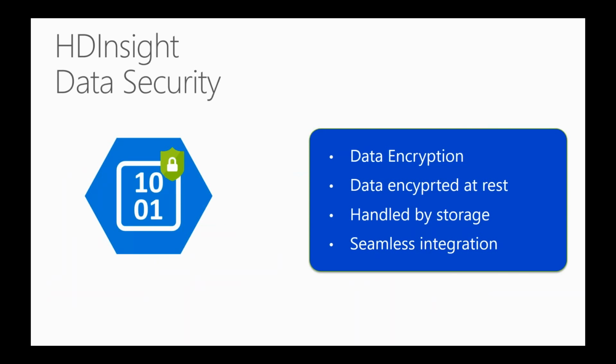All right, we're going to jump from the outer ring all the way to the inner ring of HDInsight security here. And this is around data security, basically how you manage data other than through HDInsight. So this is data encryption.